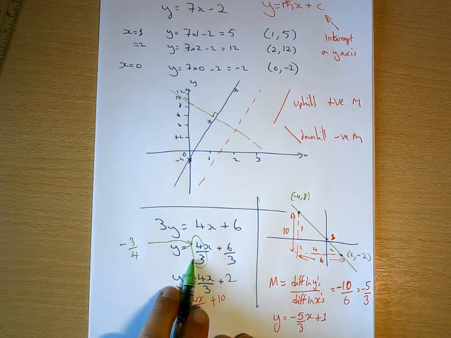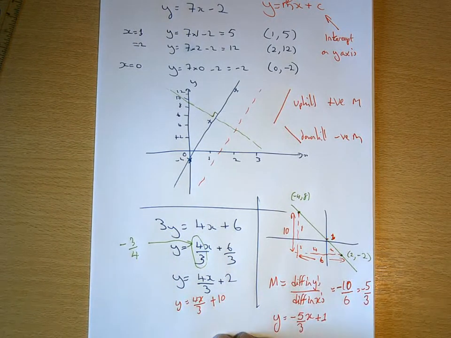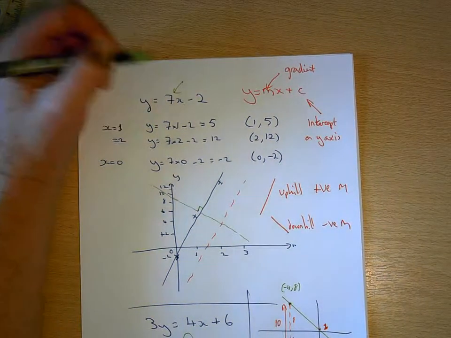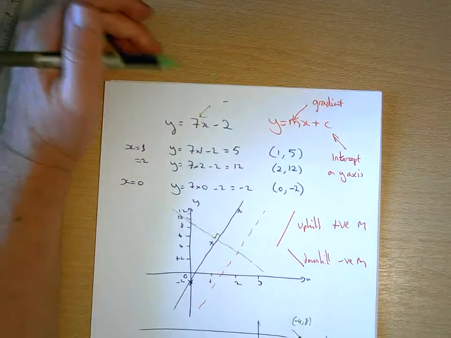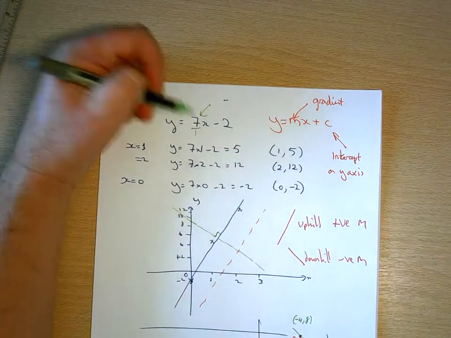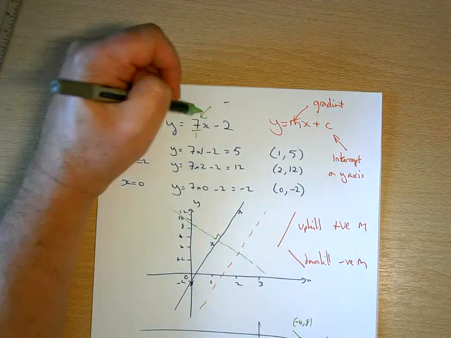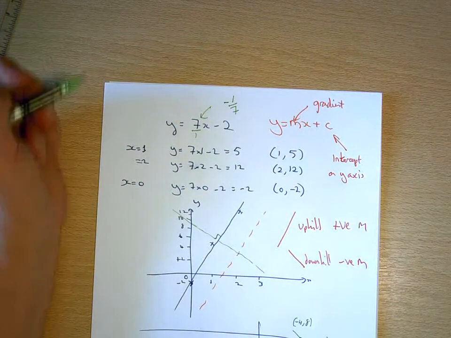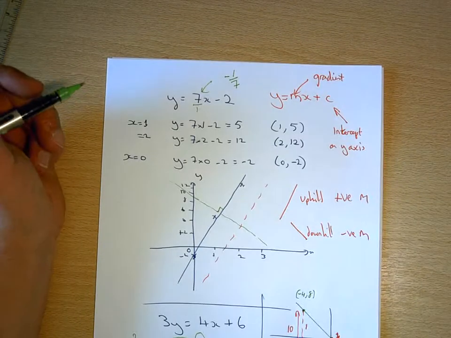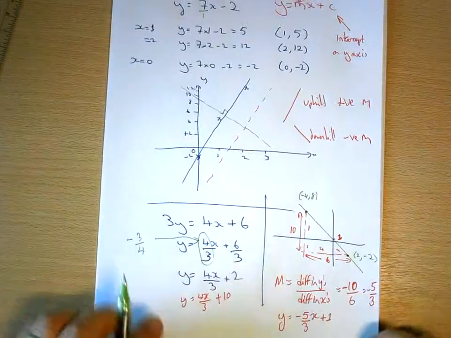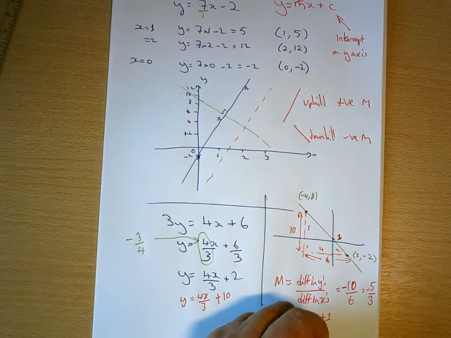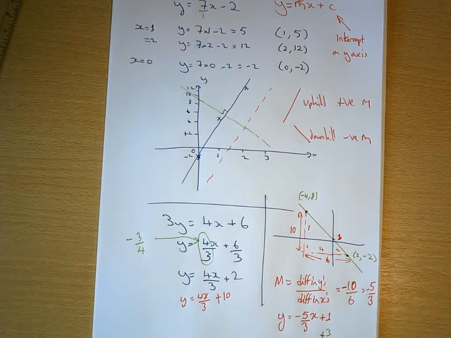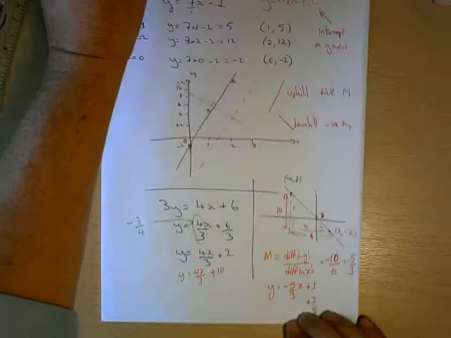So the line that's perpendicular to this one will have that gradient. The line that's perpendicular to that one will be minus, and if I turn that upside down, it's actually over 1, but we never have to write that in, so it'll be minus 1 over 7. The gradient of this one will be plus 3 over 5.